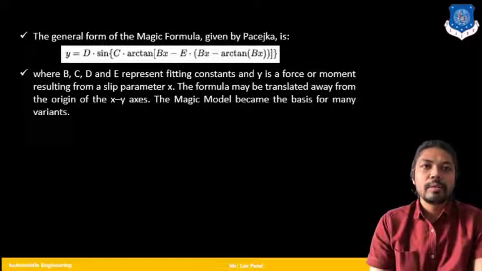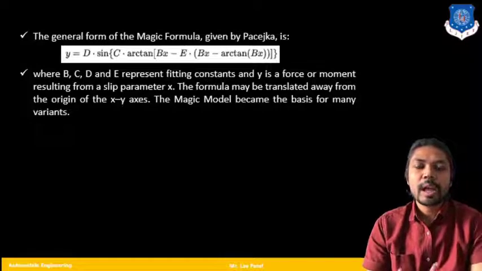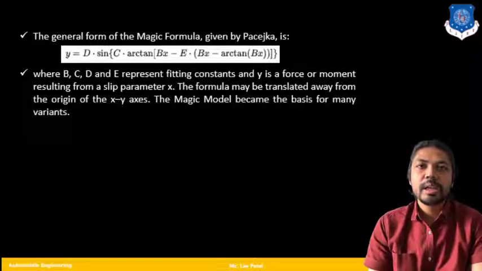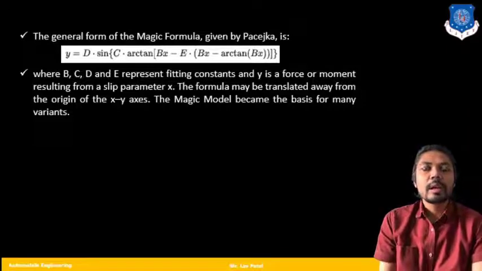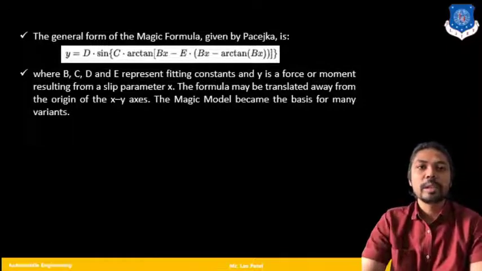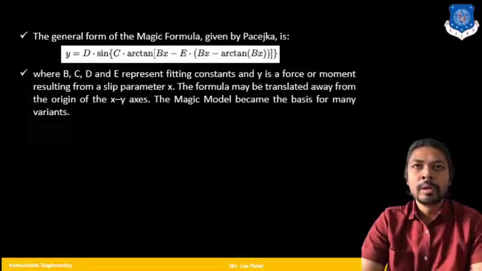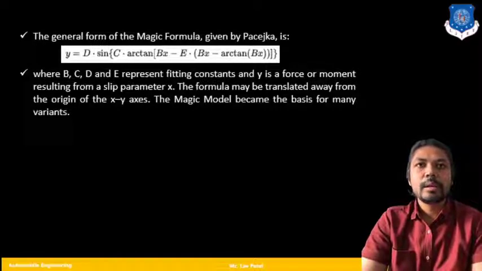In the formula, you will find several constants like B, C, D, and E. These are the fitting constants. And Y is the force or moment resulting from the slip parameter X.